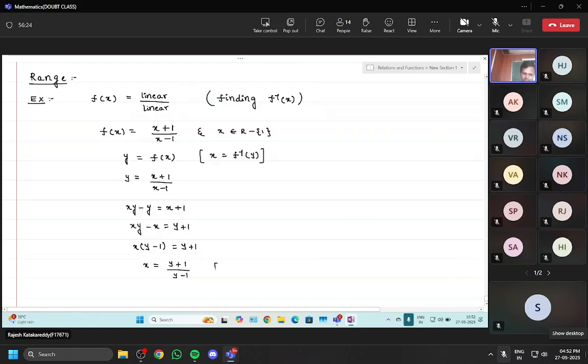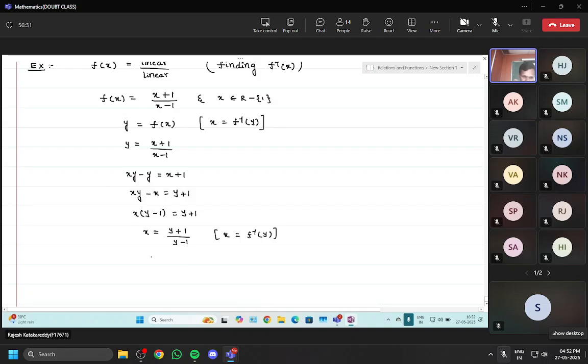Now you have x is equal to f inverse of y. Now we can say f inverse of x is equal to x plus 1 by x minus 1. Now the domain of f inverse is also equal to the range of f of x. Now in the domain, if I observe, that is real numbers excluding 1.